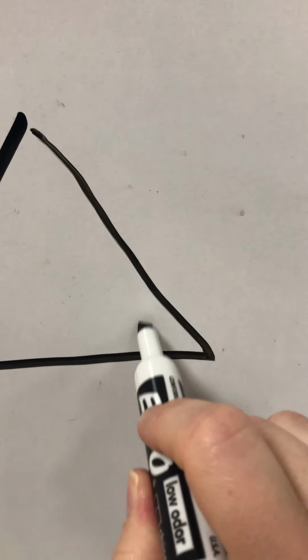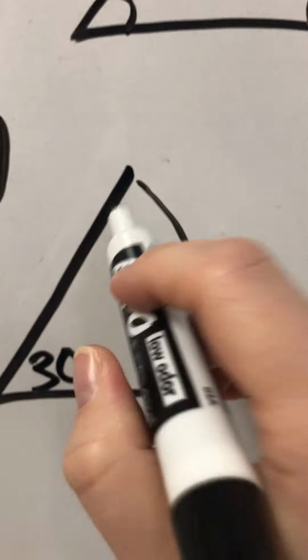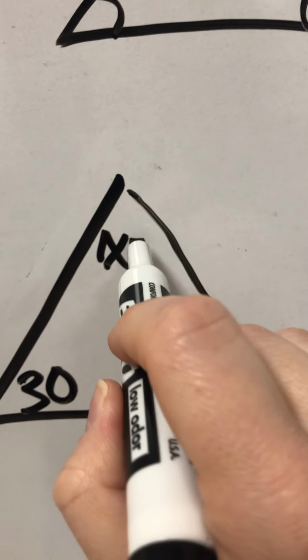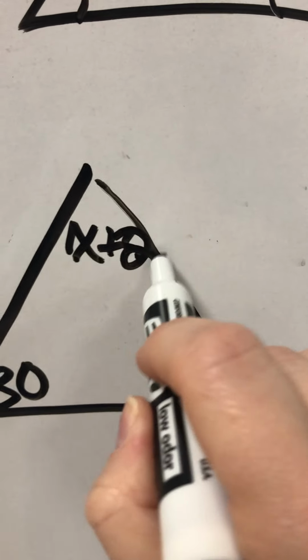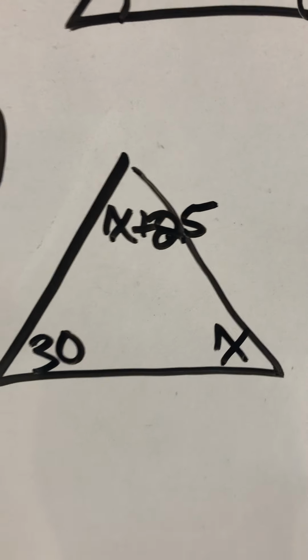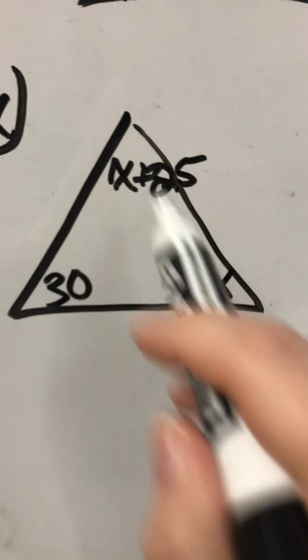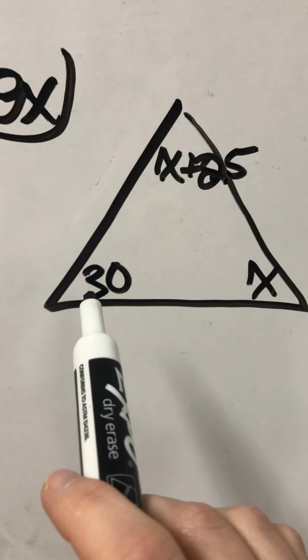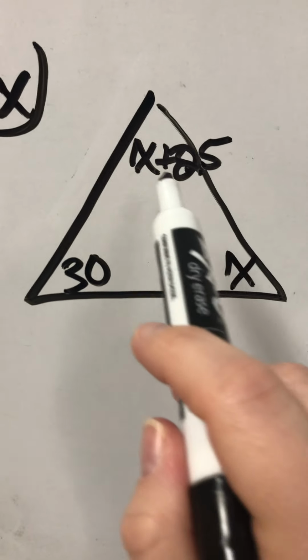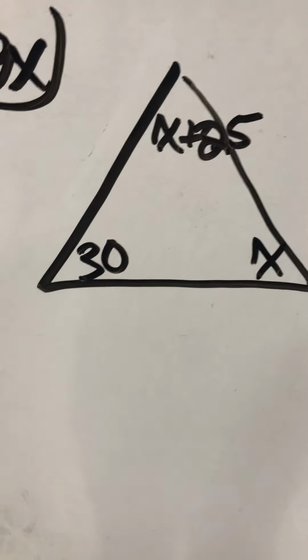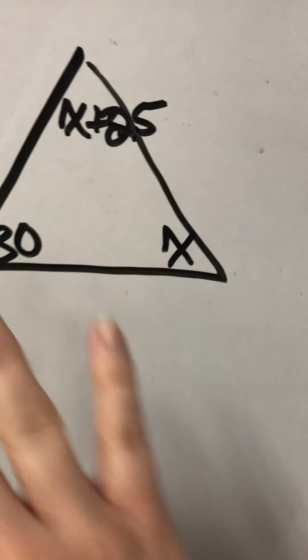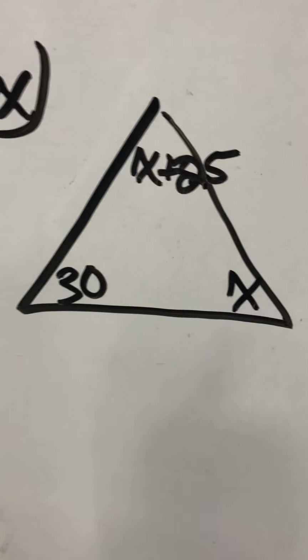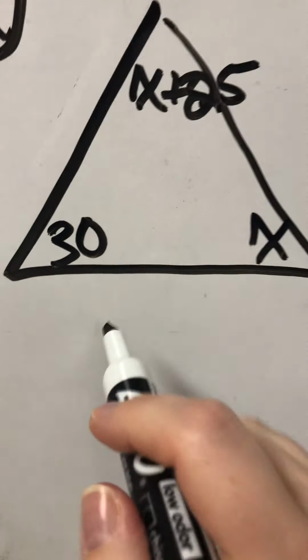This angle over here, we'll say this is our X. And this angle is X plus 25. Okay, so now we have two angles unknown, but we can still figure this out. We know this angle's 30, this angle is X, and this angle is X plus 25. So how do we go about this one? Well, we still set all of this equal to 180 degrees.